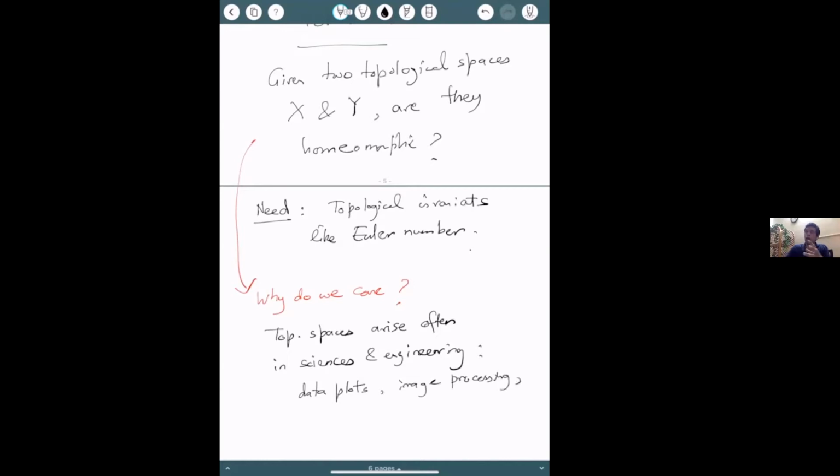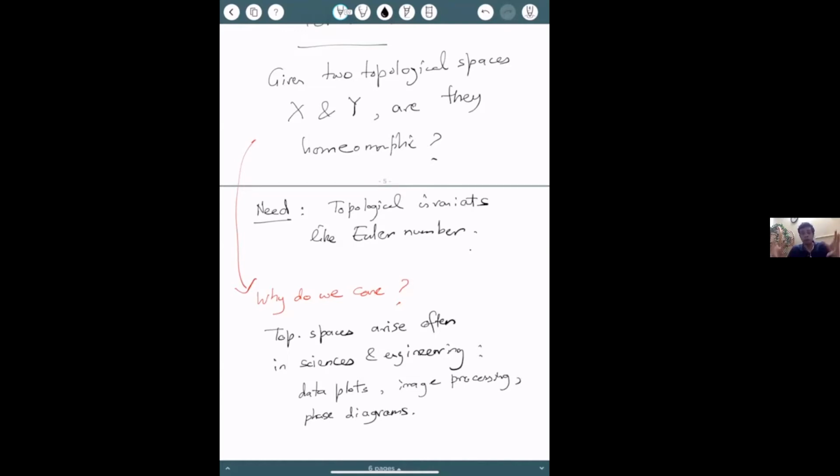Let's say you're comparing shapes of a healthy brain and somebody with some disease, and you're trying to compare these images. And phase diagrams. This goes back to the 19th century, where the subject initially started. You're trying to see the motion of some object, and then you construct a phase space.